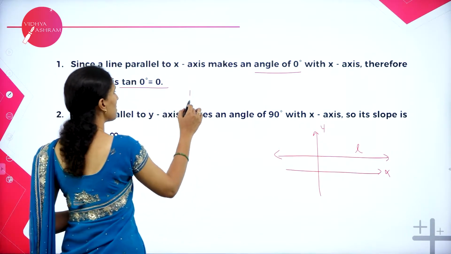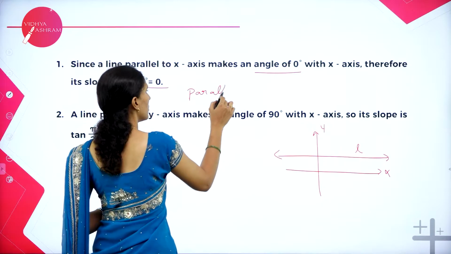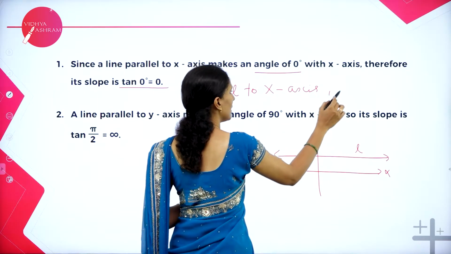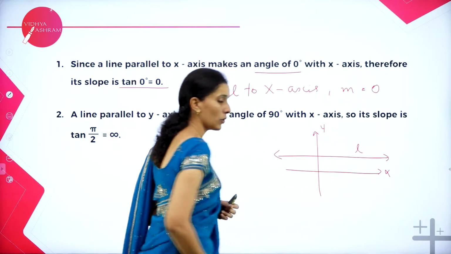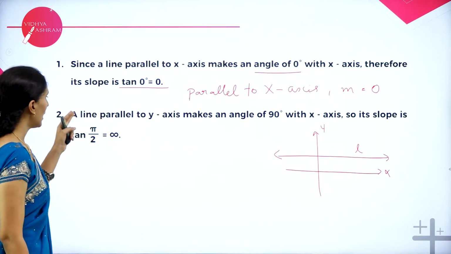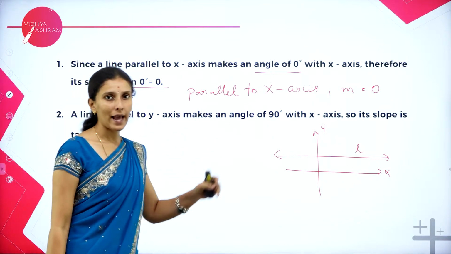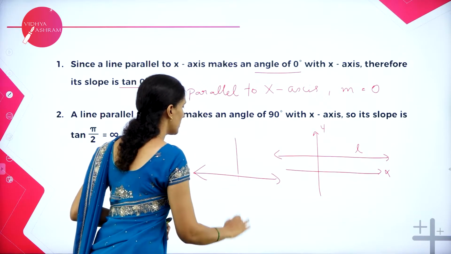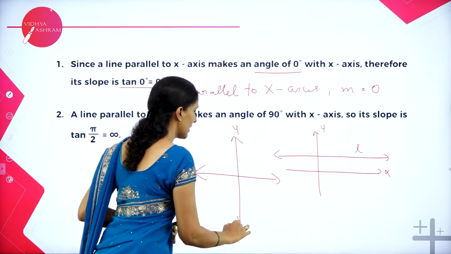So if a line is parallel to the x-axis, then the value of the slope is 0. Why? Because tan 0 is 0. Next we have a line parallel to the y-axis. Here is the y-axis and here is the x-axis.